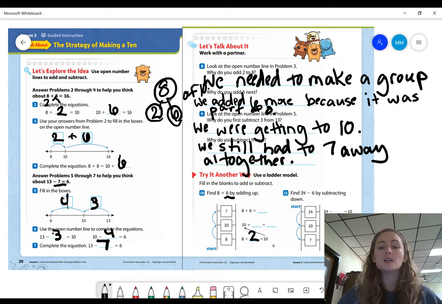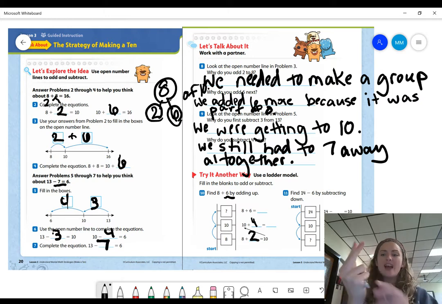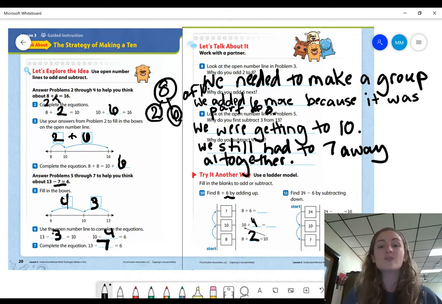I know that 2 plus 4 together makes 6. So 2, 3, 4, 5, 6. 10 plus 4, I know that it's a group of 10 and 4 extra ones. That makes 14. So that means 8 plus 6 equals 14. Do you see how our ladder went up? I started with 2, added 4 more to make our whole.